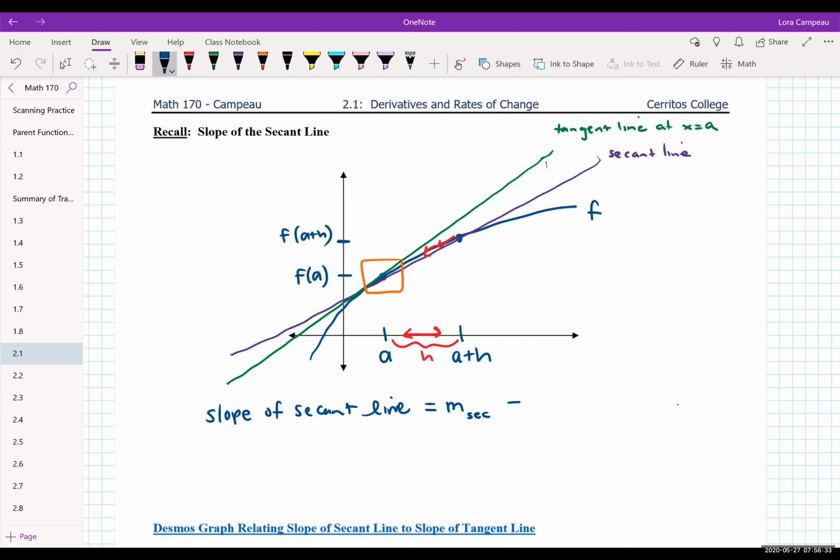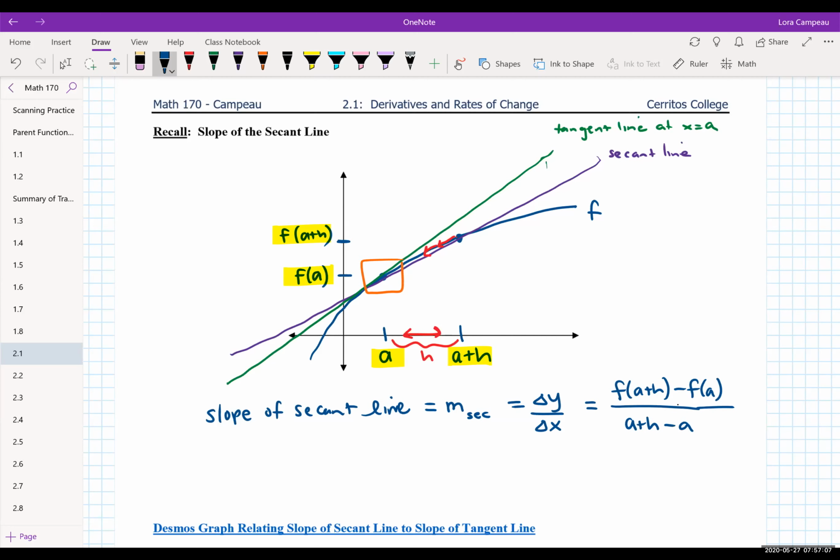And remember, slope is always equal to the change in y over the change in x. And if we were looking at this in the sense of our 2 points, our 2 y values, this would be f of a plus h minus f of a, all over, again, differences of the x's, corresponding a plus h minus a.